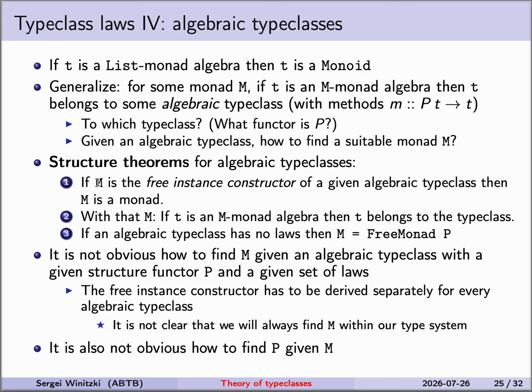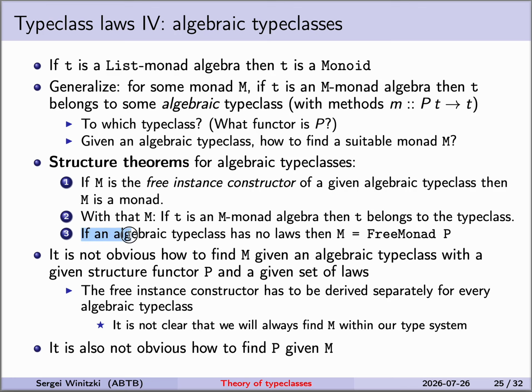If M is a free instance constructor of a given algebraic type class, then M is a monad. With that monad M, we can talk about M monad algebras by the definition that I gave. If any type T is an M monad algebra, then T belongs to the type class. It has the methods and the laws.